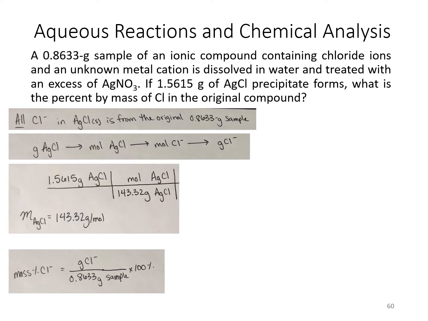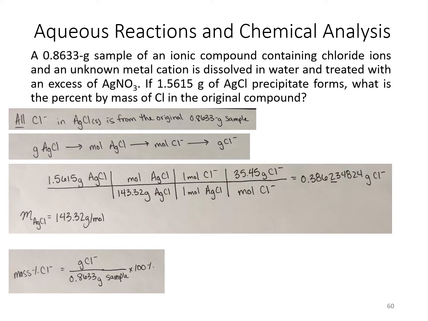So we'll go through this fairly quickly here, but we can take that original precipitate, 1.5615 grams of silver chloride that has precipitated. We can use the molar mass of the silver chloride, 143.32 grams per mole, so we can convert to moles of silver chloride. Next, again, we have that 1-to-1 mole ratio that we talked about between silver chloride and our chloride ion.